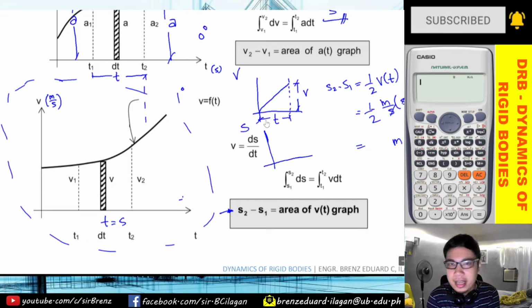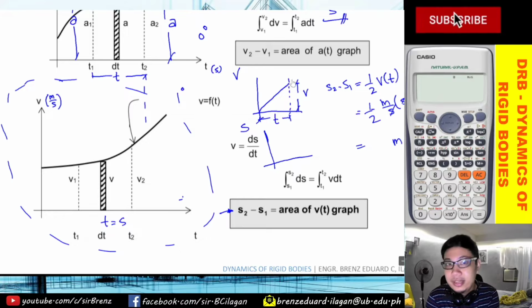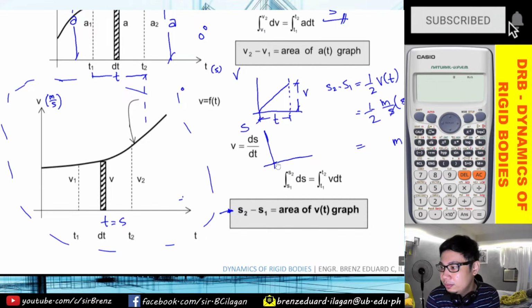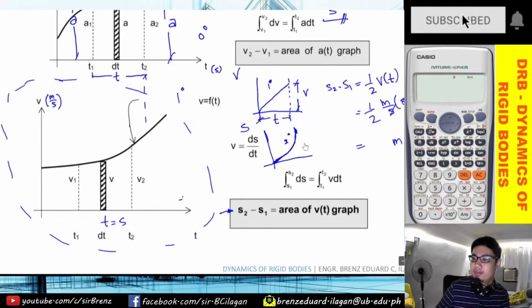So kung negative yan, i-neglect mo muna yung negative sign. So ito, di ba, 0, ito, value na V. So di ba ito yung minimum, and then ito yung maximum. So pag-connect mo lang yan. Ayan. So coming 1st degree, this one will be the 2nd degree curve.